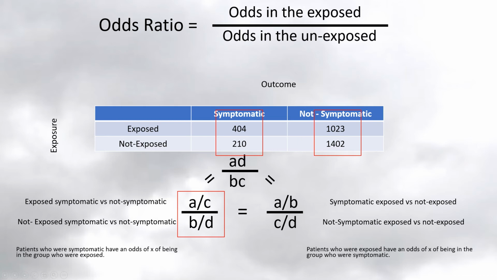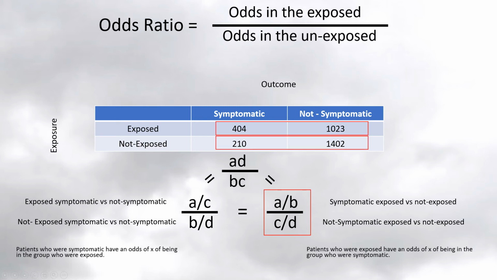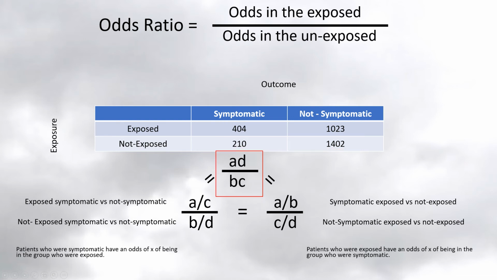Should be simple. I like this method better. Patients who are exposed have an odds of X of being in the group who are symptomatic. I like that it starts off with the exposure. It just works in my mind a little bit better, and that's that divided by that, divided by that, divided by that. Now you can also do it this way, and that is this times this divided by this times this.